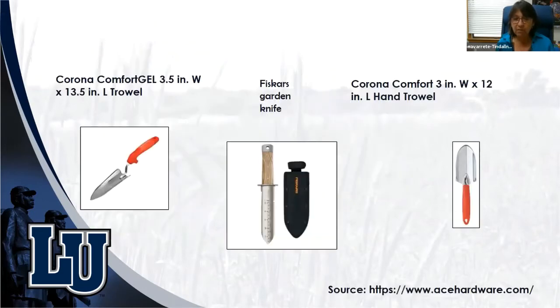You can have a variety of trowels, which could be pointy or round, depending on the uses. And one tool that I really like to have is a garden knife. Very useful for planting, for weeding, and sometimes to cut some small shrubs.